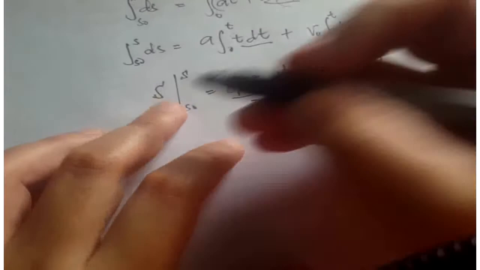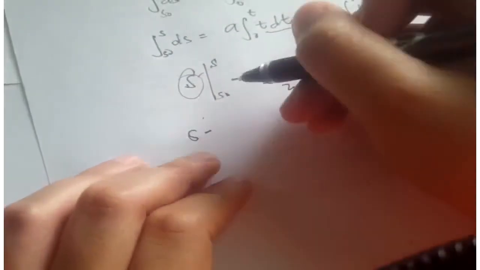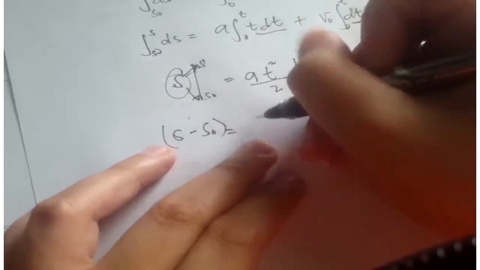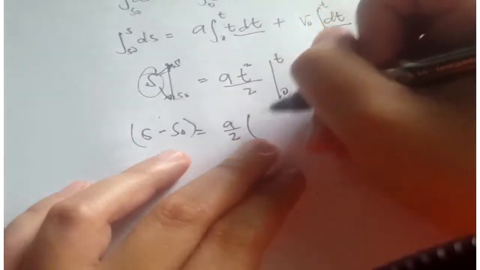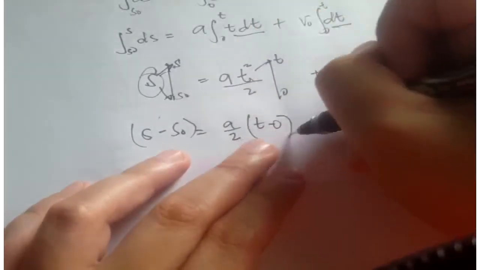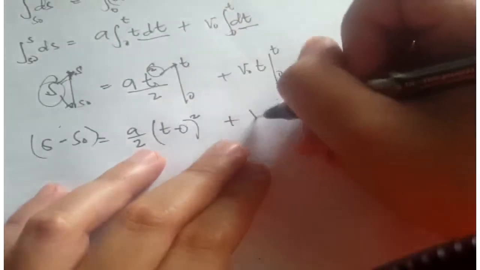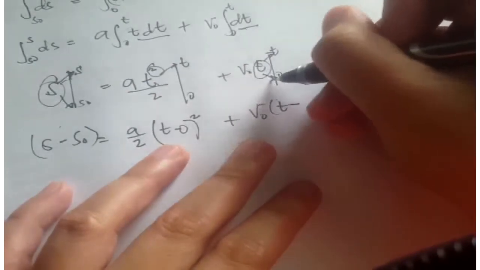And then from here we can now substitute the values. We have s minus s sub 0 is equal to 1/2 a times t minus 0, squared, plus v sub 0 times t minus 0. So simplifying, s minus s sub 0 is equal to 1/2 a t squared plus v sub 0 t.